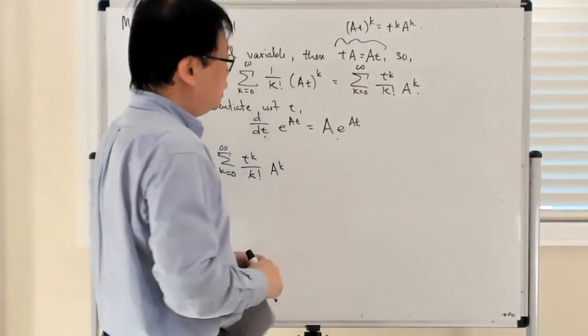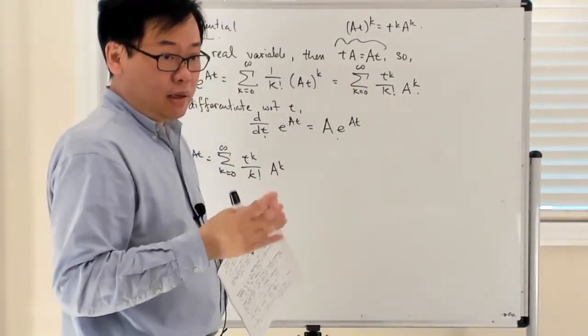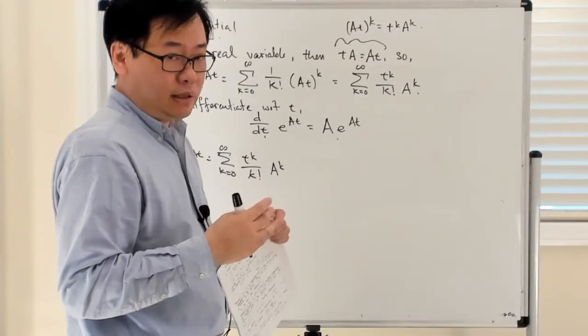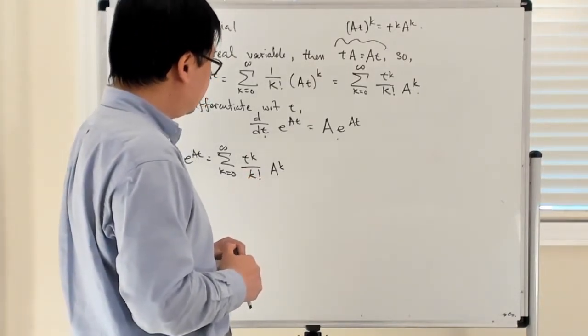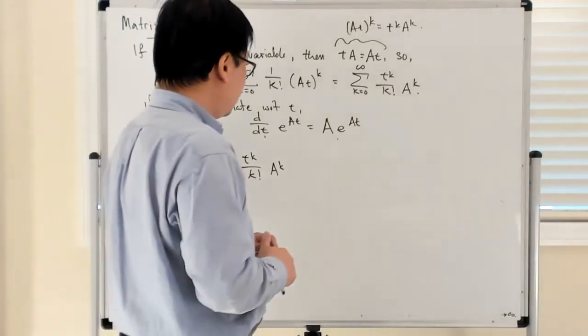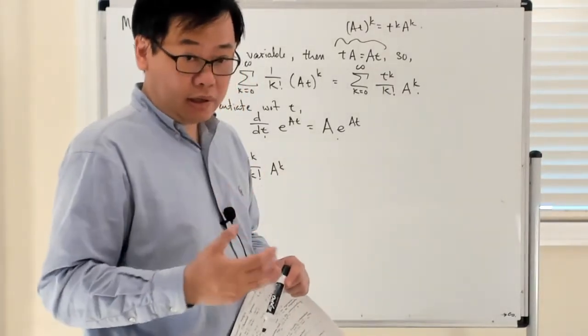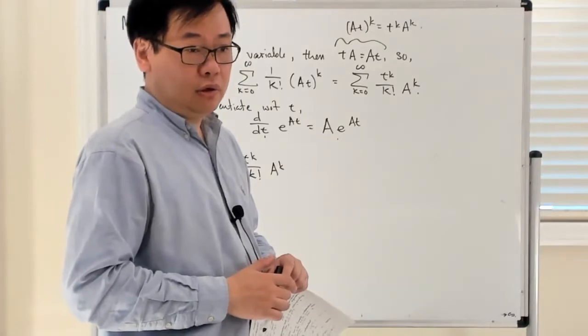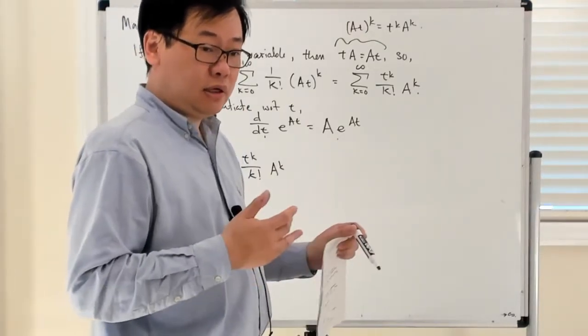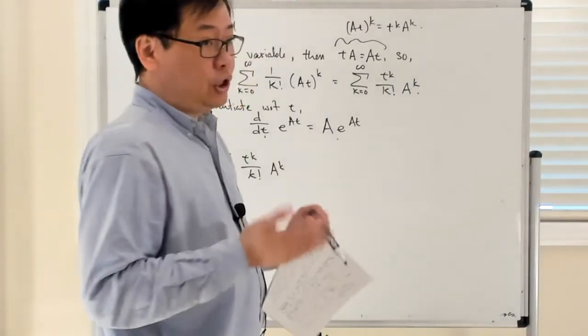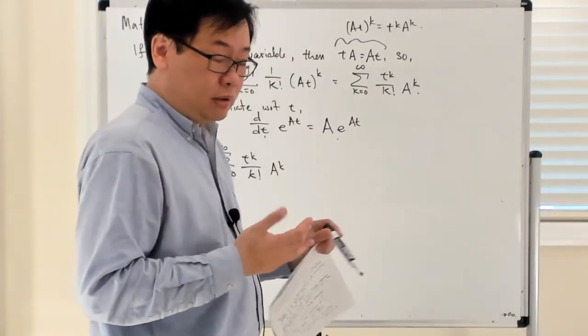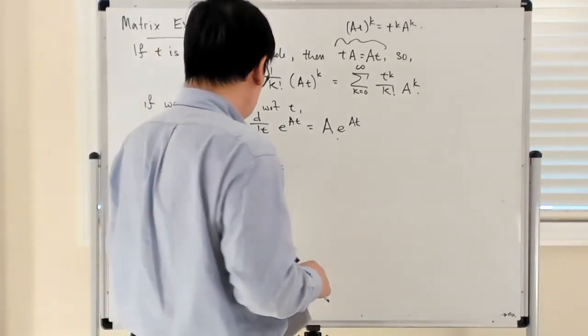In general, if you have A and B, which are square matrices, B times A is not equal to A times B. And that has important consequences, because with scalar exponentials, the exponential of t plus s is equal to the exponential of t times the exponential of s. That is no longer generally true for exponentials of matrices.